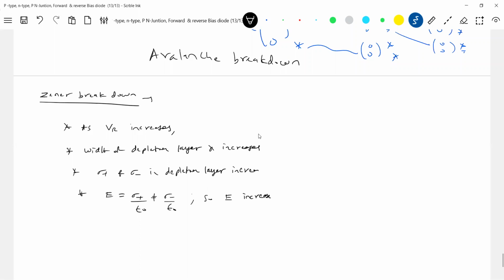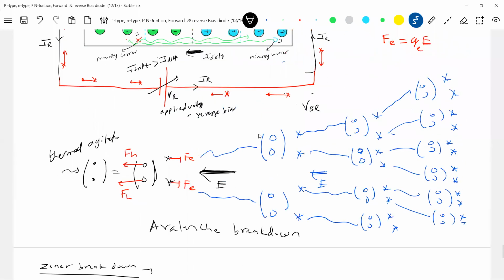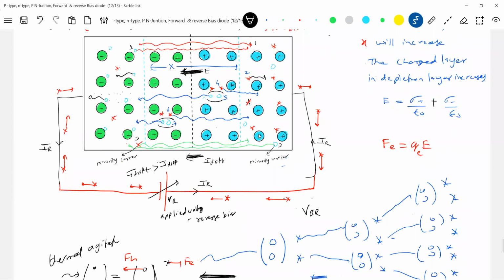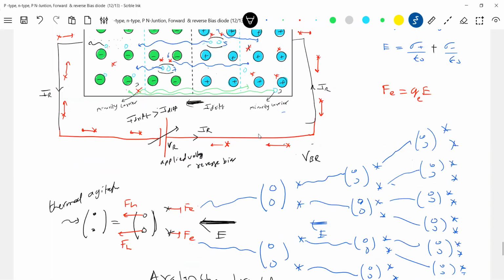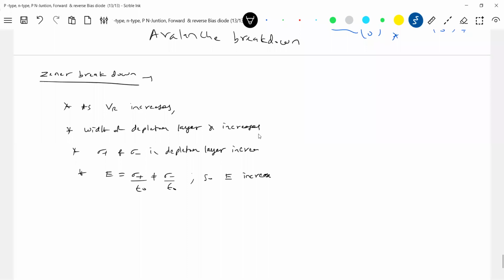So this is the covalent bond. I think I'll give one small diagram here. There's a covalent bond. There's an electric field. So these electrons will be bound by the covalent bond force.